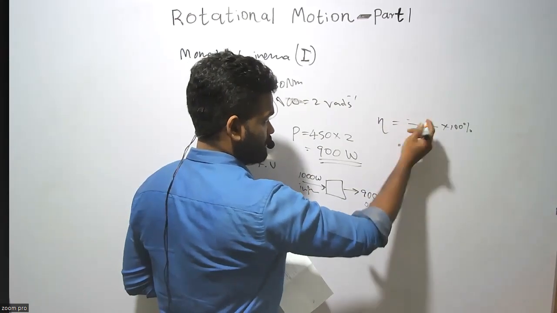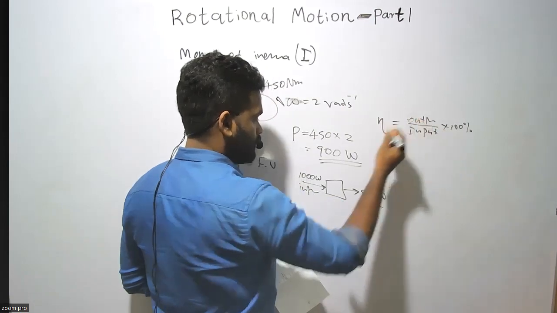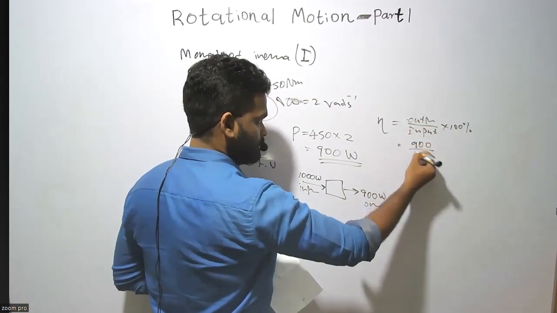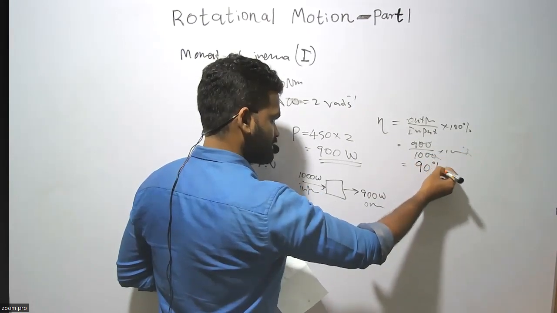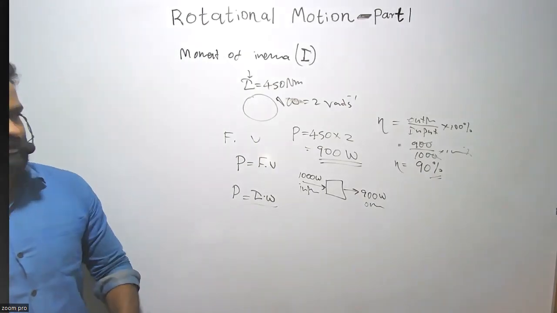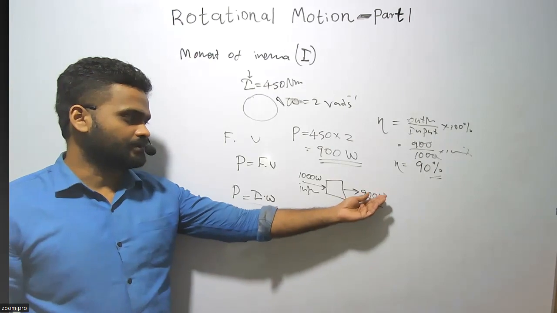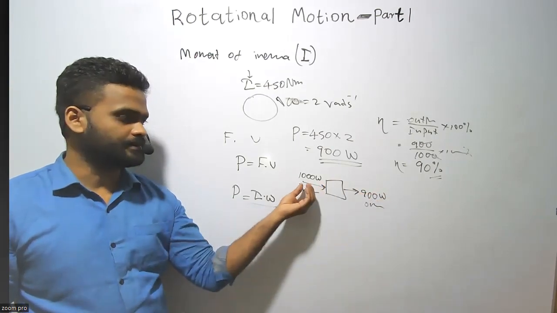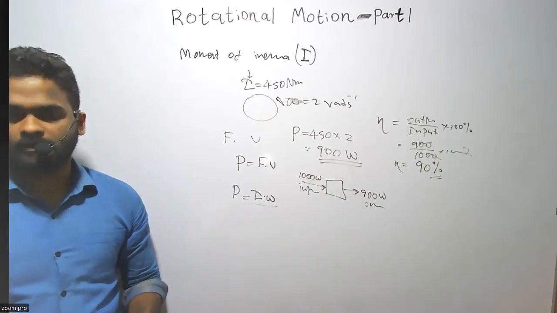So here you have output, then the input. Output is 900, input is 1000, times 100%. So this is 90%. This is the efficiency. This motor has a 90% efficiency, right? So this is the useful power. This is the input power. So this has a high efficiency, like 90%.